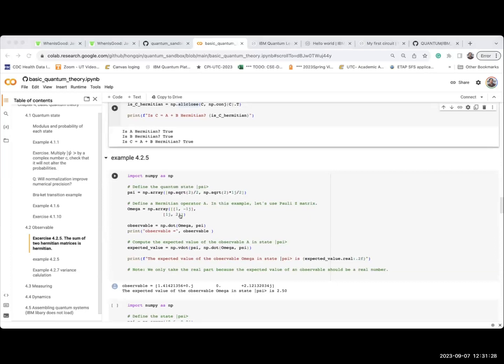Book example 4.5 actually jumped over the spin operator. Okay, so I didn't have an example on the spin operator. I apologize, I missed that exercise. So the next, the book actually, let me see.